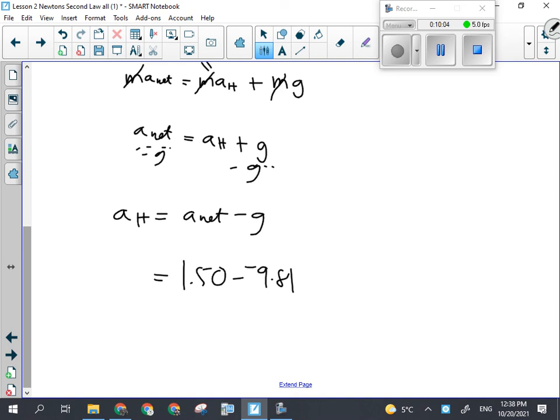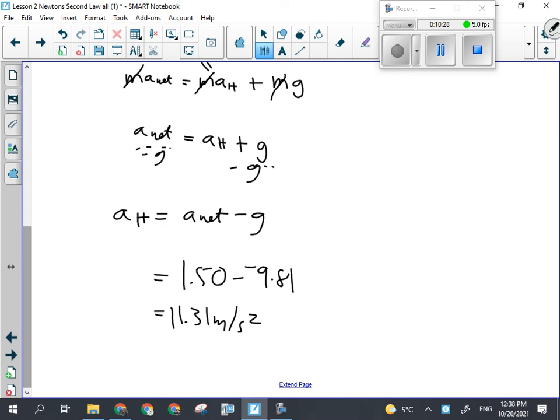Okay, so when I do this, I'm going to have 1.5 minus negative 9.81, which is the same as adding 9.81, which should give me 11.31 meters per second squared. If there was no gravity and only the hoist acted on the engine, that's the acceleration the engine would have.